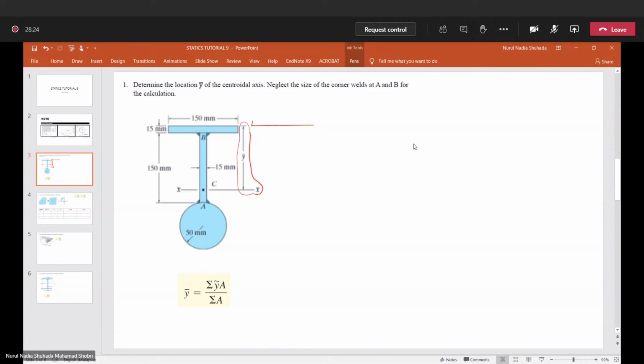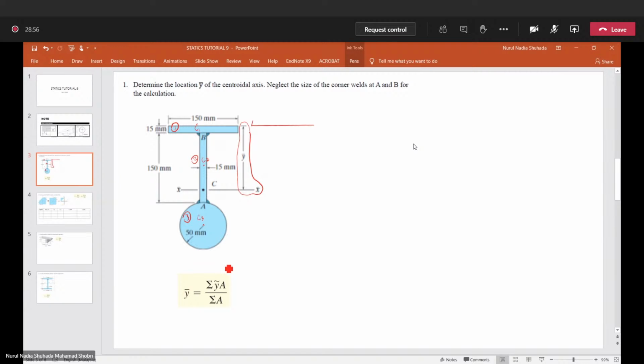From the figure we can see that there are 3 simple geometries. I will take this one, this is the second, and this is the third. Each geometry has its own centroid. So this is C1, this is C2, and this is C3.